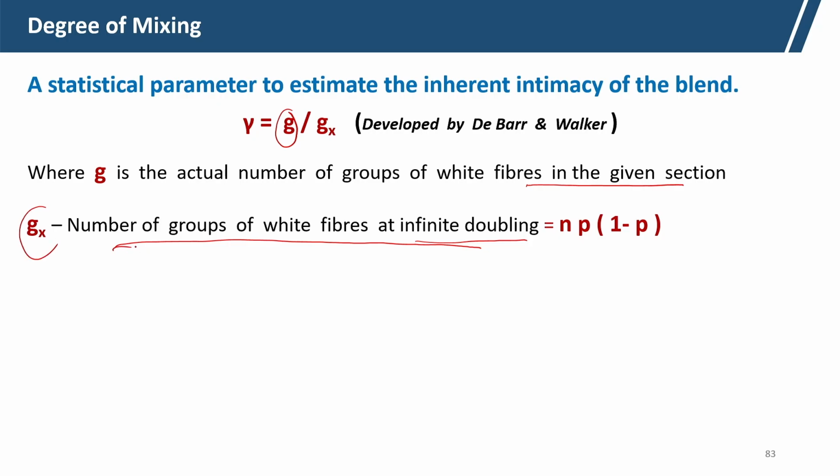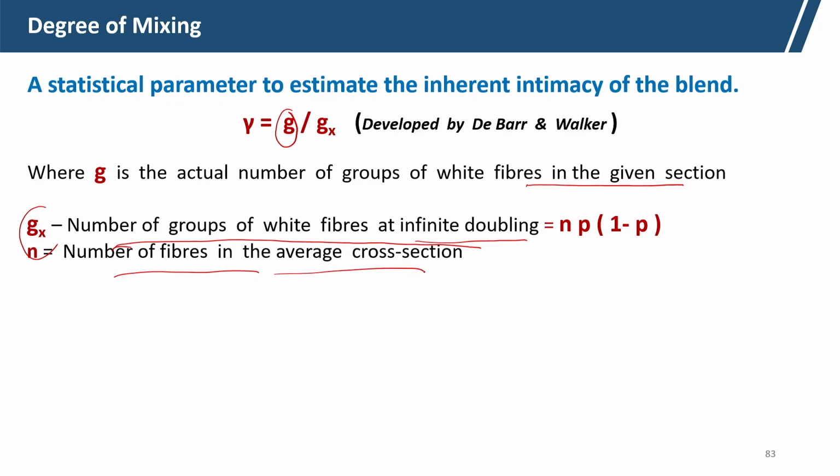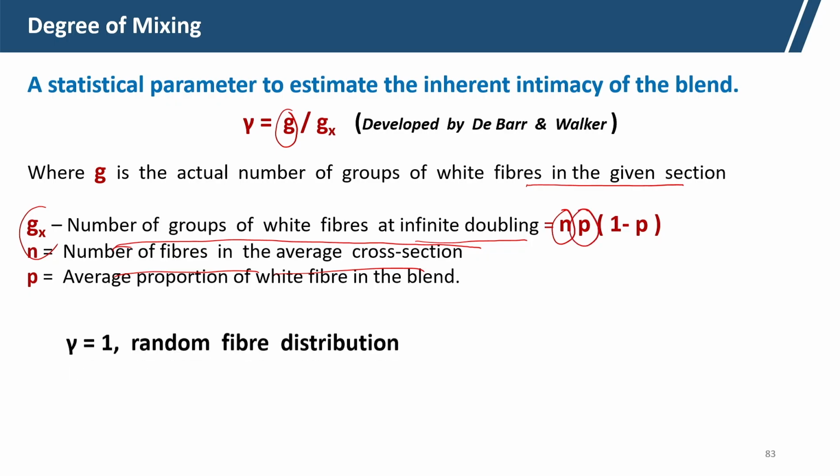So, what we get is that N is the number of fibers in the average cross section, and P is the average proportion of white fibers in the blend, and 1 minus P is the average proportion of black fibers.